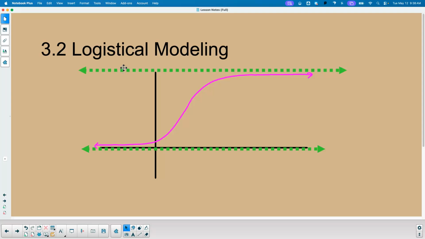A lower and an upper. And the function lives in betwixt those two. Okay?